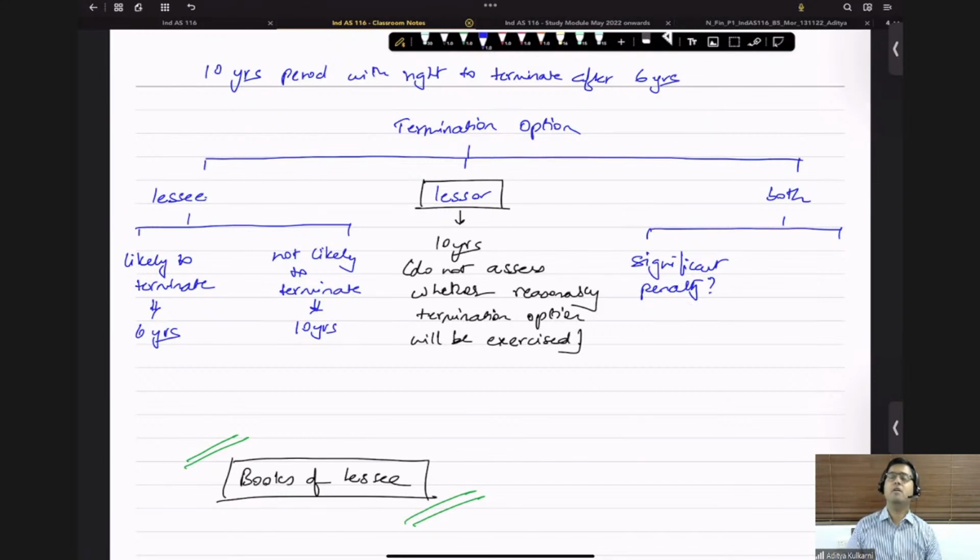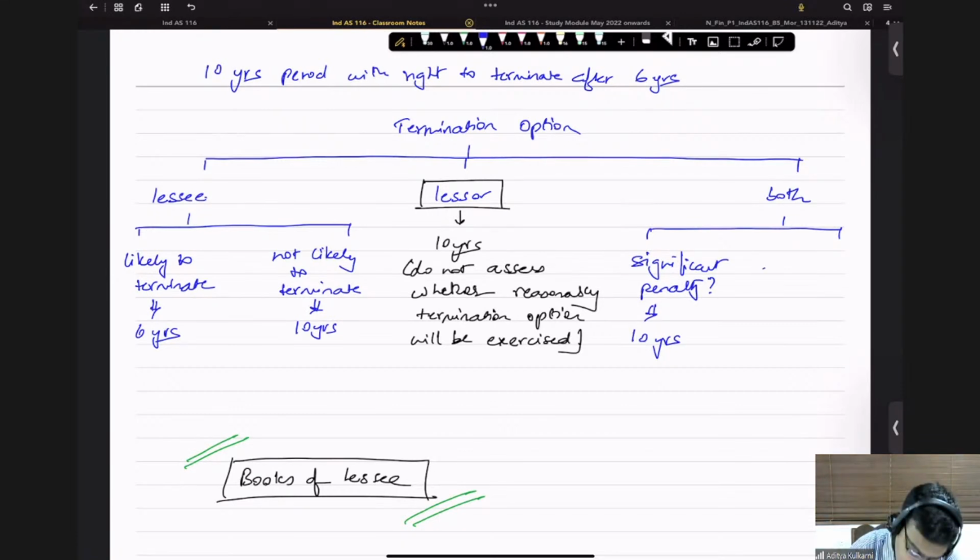Significant penalty means if the agreement is terminated by either the lessor or the lessee, then the penalty will be 3 years lease rent to be paid. If it is a significant penalty, in that case it is going to be 10 years.